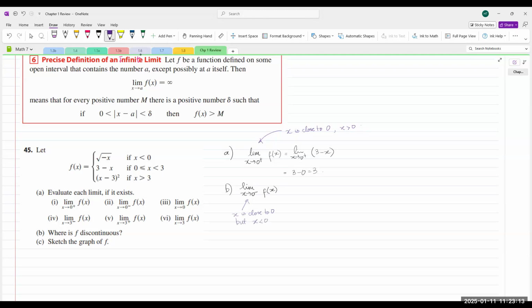You approach from the left hand side, right? Okay, so we will use this one here. This is the limit as x approaches 0 from the left hand side of square root of negative x. It is in the domain, so I can just plug that in. That's square root of 0, that's 0.